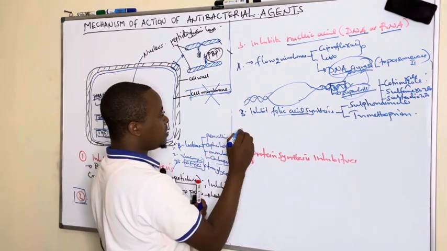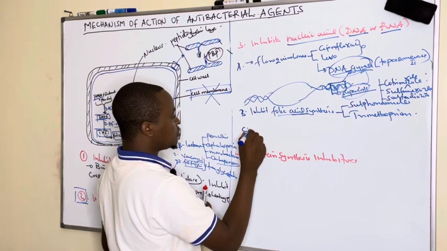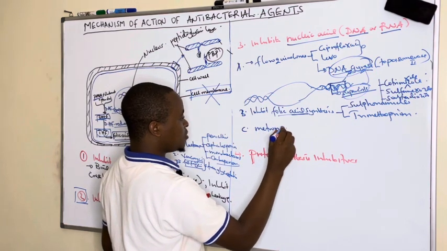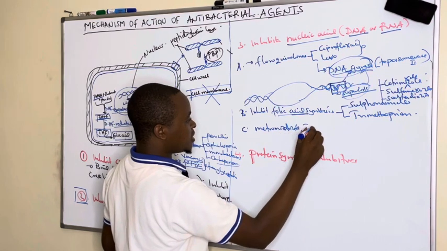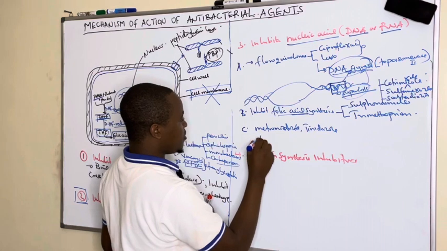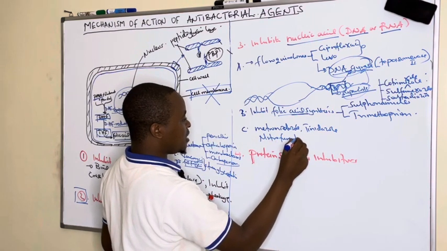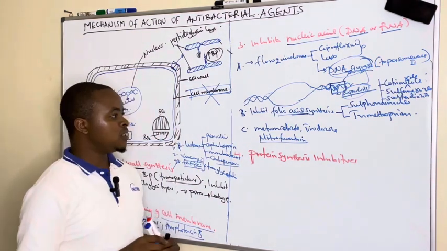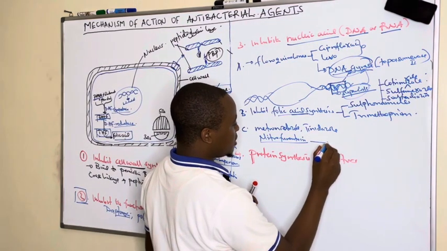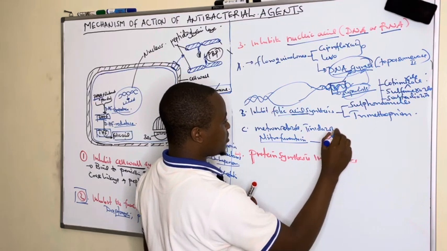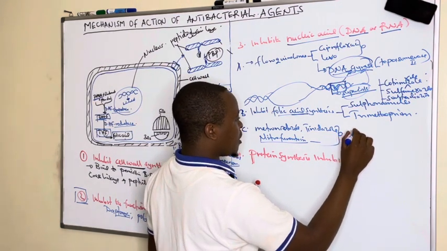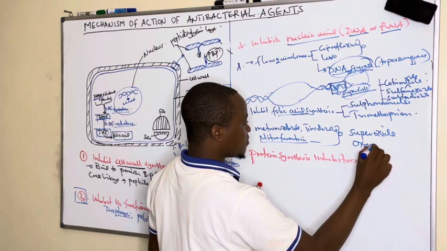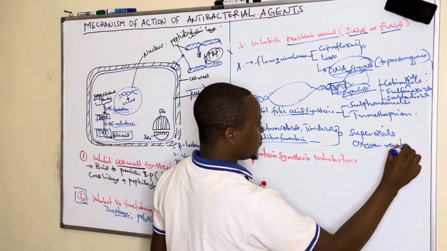Then another part, part C under inhibitors: we are going to talk about the imidazoles, such as metronidazole, tinidazole, and secnidazole, together with nitrofurantoin, which is one of the leading antimicrobial agents used for UTIs. Nitrofurantoin acts by producing superoxides, or what we call reactive oxygen species.